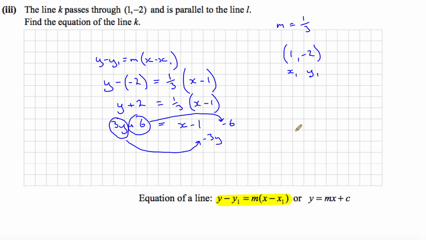So that's going to leave me with 0 on one side and x minus 3y, and minus 1 minus 6 is minus 7 on the other side. So there's the equation of the line K. And that's the end of part 3 and the end of question 8.